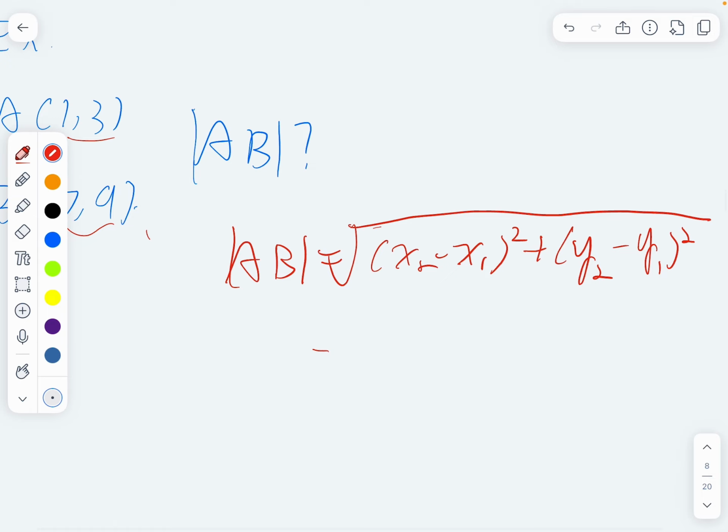Okay, so now the answer will be the square root of (7 minus 1) squared plus (9 minus 3) squared. That will be 6 squared plus 6 squared, equal to 72. So that will be equal to 6 times the square root of 2.